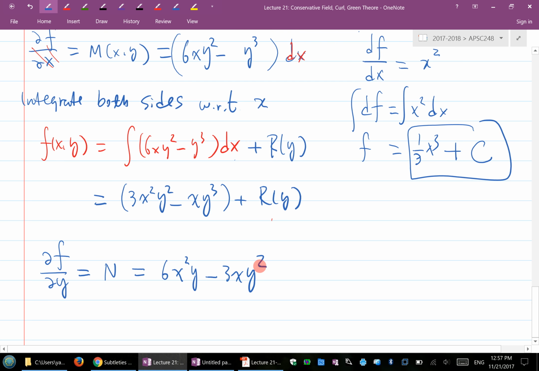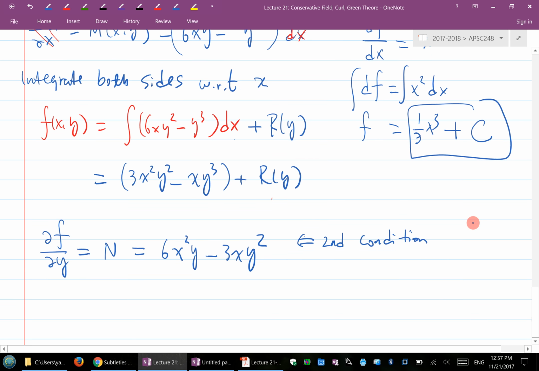This is the second condition. So the second condition, how do I make use of it? I need to use the results that we just obtained by using the first available condition.